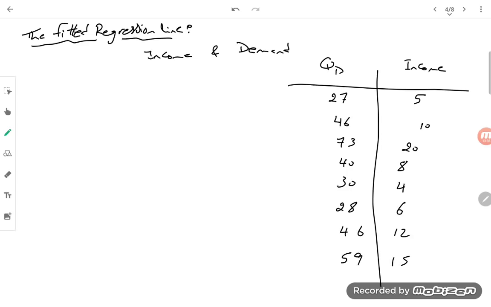As we are concerned with a number of towns at a specific point of time, this is cross-sectional data. Okay, so this is the number of units at different income levels.